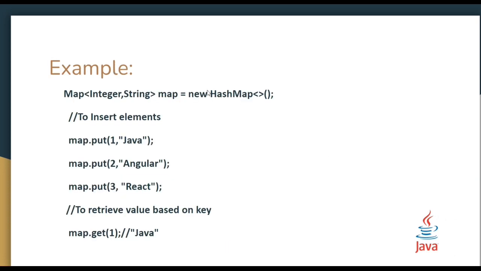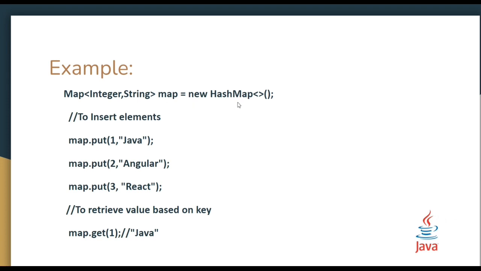Okay, so for example, I want to insert Java, Angular, React with values 1, 2, 3: key 1, value Java; key 2, value Angular. So we can go with the HashMap. I have created Integer because the key is an integer and String as the value, right?